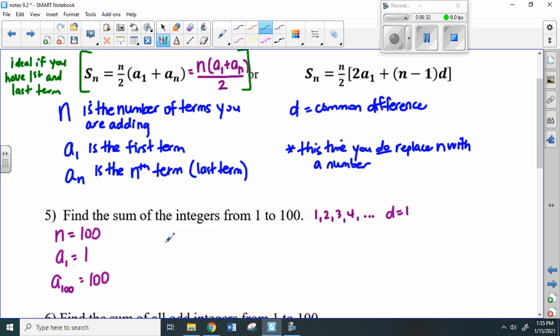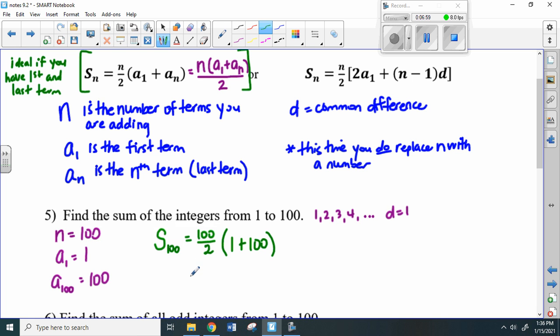So all I have to do is say that I'm finding the sum of the first 100 terms, and then I'm going to plug 100 in for n. Whoops, that's supposed to be a 2. I'm going to plug 100 in for the n, and then plug in 1 for a1 and 100 for a sub n, and then pull out my calculator.